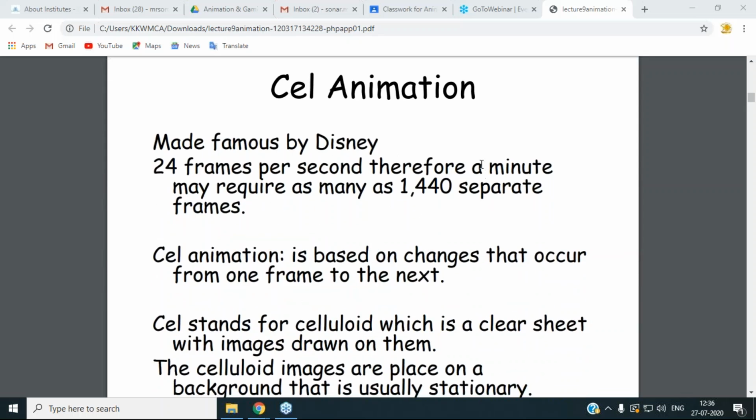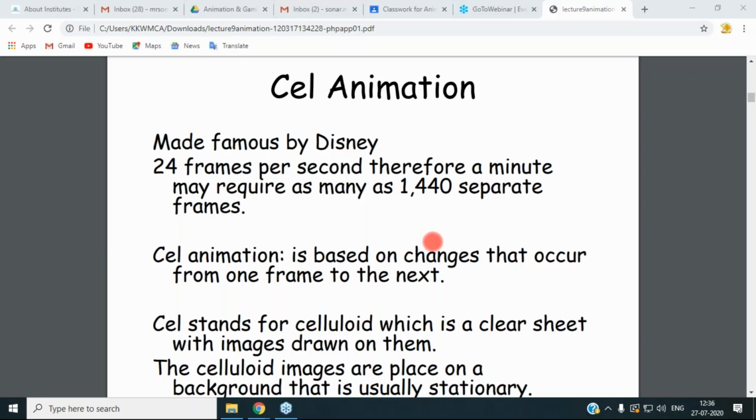What is meant by cell animation? This cell animation was made famous by Disney. In the history, we have seen that Disney created some important things related to animation.